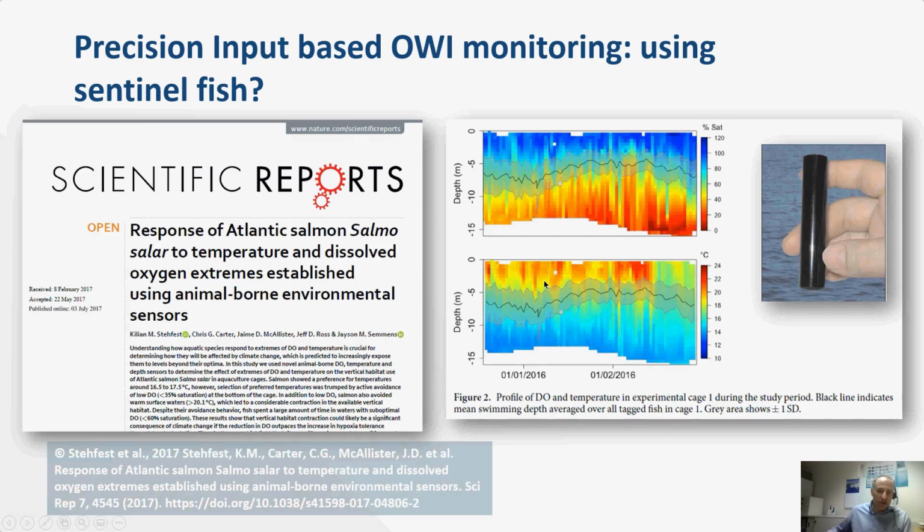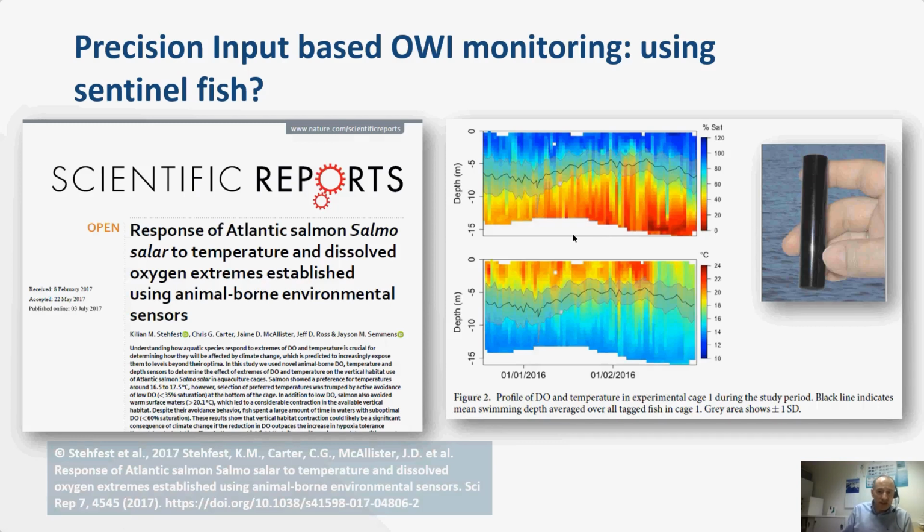Salmon have a preference for around 16, 17 degrees centigrade. So this preference overrides the need to potentially go into areas of the water column that have high oxygen saturations.